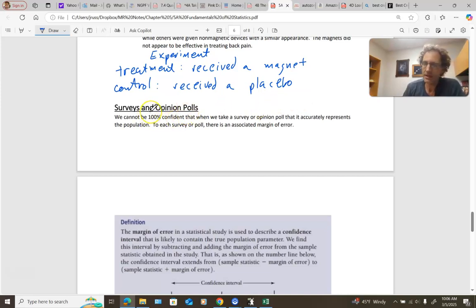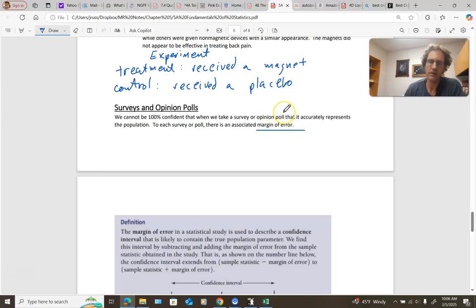Because there is some inherent error in that entire process, we're going to have what's called a margin of error. And you've probably heard this before. This is most commonly used in political polling.